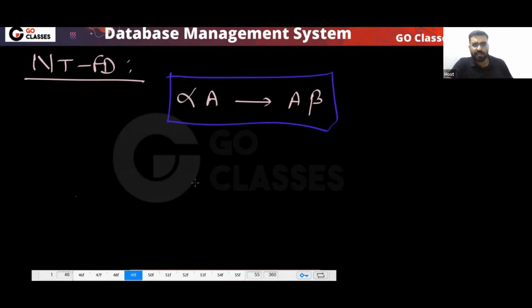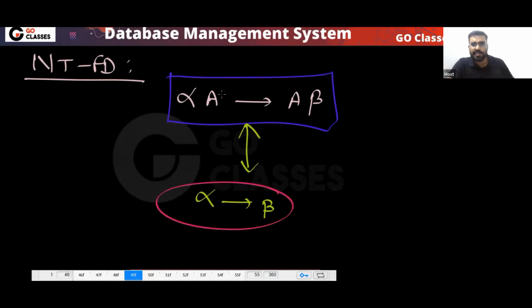You can just consider this, because this functional dependency will imply this, and this functional dependency will imply this. Sorry, alpha A determines beta. So basically, you can remove this part of the RHS which is already on the LHS.